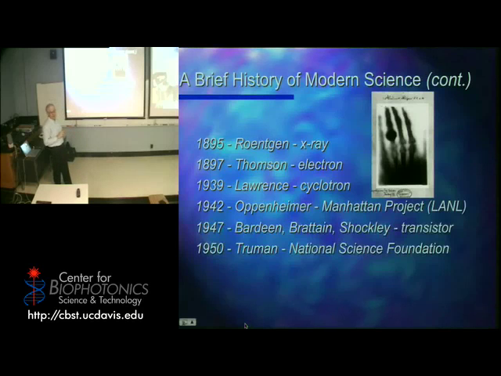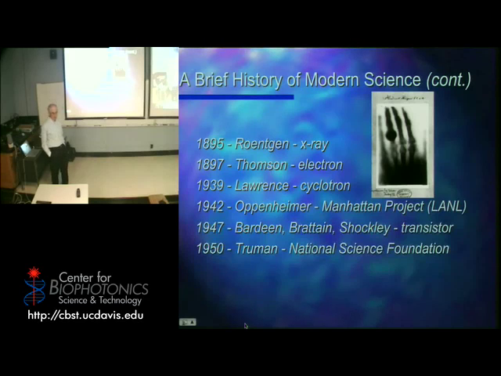So again, within a 2-year period, 2 landmark discoveries were made that really set the stage for all of those developments in the early part of the 20th century that we think of as, again, modern physics, the relativity, the quantum mechanics, and so on. So it's J.J. Thomson in England who made the discovery of the electron and sorted that out as a subatomic particle, which again has had enormous impact on modern society.